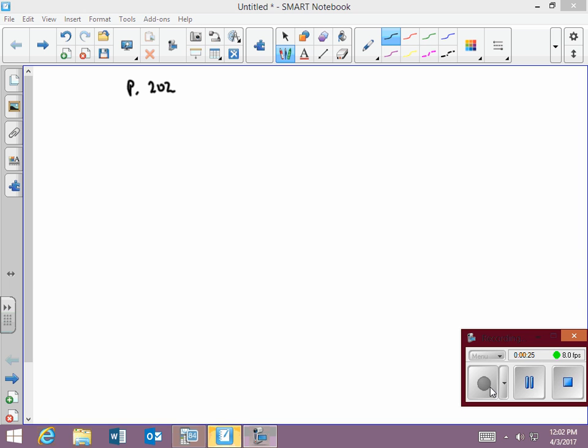Okay, we're on page 202, and we'll look at those problems. Number 2 says, suppose triangle DEF is congruent to triangle JKL, and then the 6 pairs of adjacent parts.